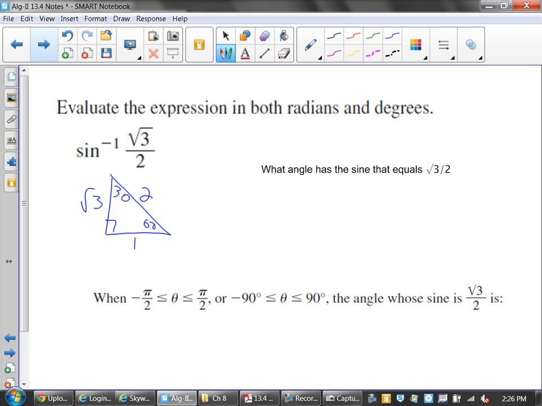Which angle has a sine of root 3 over 2? 60. 60 degrees has the sine of root 3 over 2. What is that in radians? Pi over 3. There's your answer. What is the angle that has the sine of root 3 over 2? 60 or pi over 3.